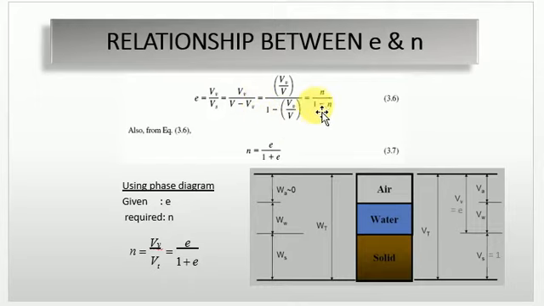And again this is divided by V. We know that the porosity n is the ratio of volume of voids over total volume. So here volume of voids over total volume, we can take n, which is porosity. So the equation will become e is equal to n over 1 minus n.